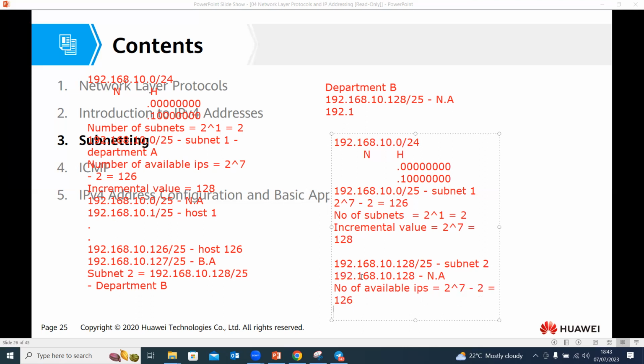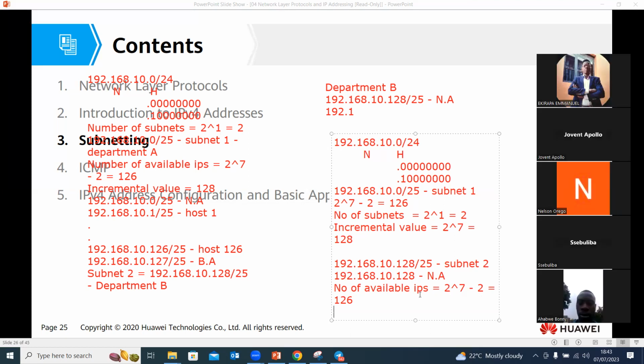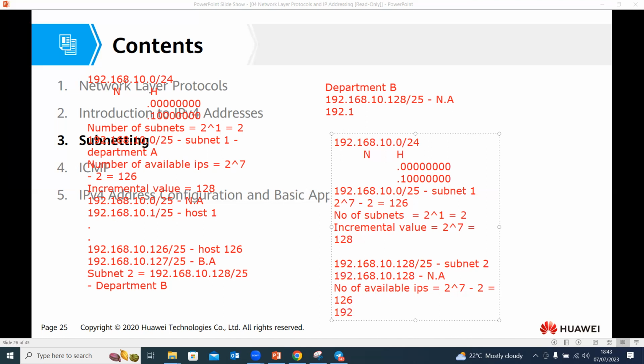But remember that now you're going to get 128 plus 128. What do you get? Let's observe the previous example. For subnet 2, we got 128 as the incremental value, but the previous address is the broadcast address.